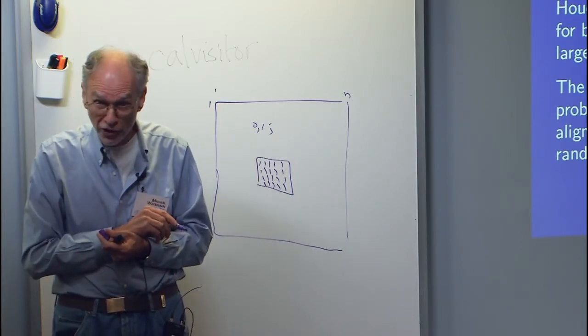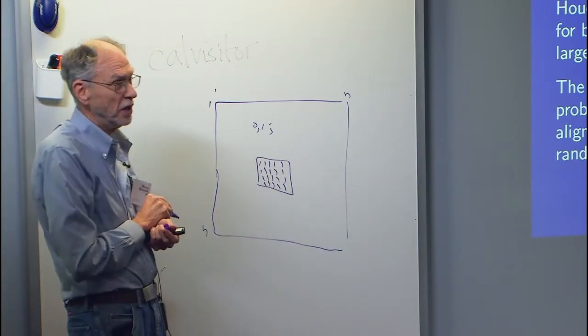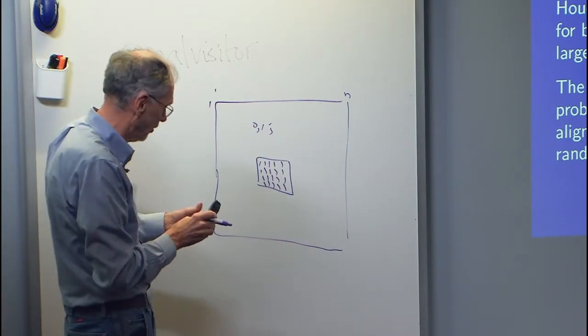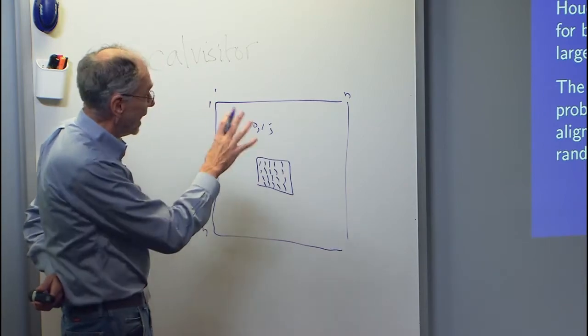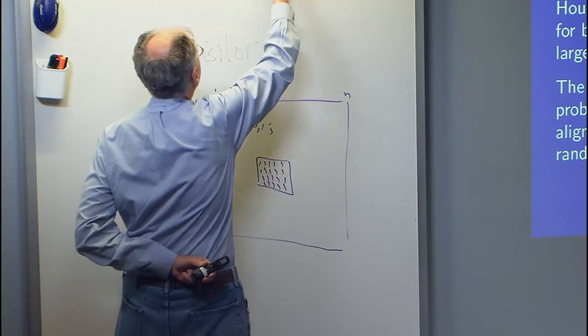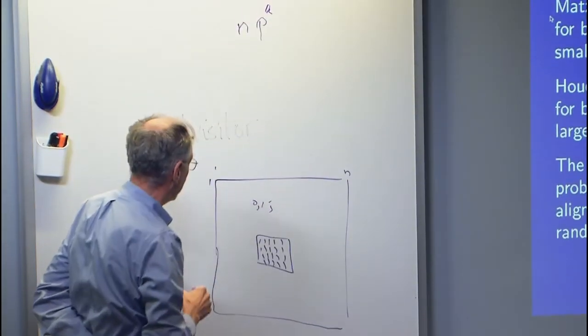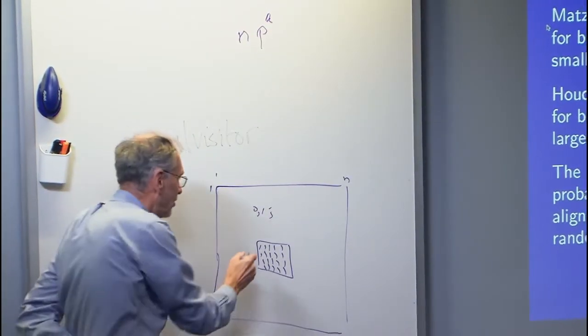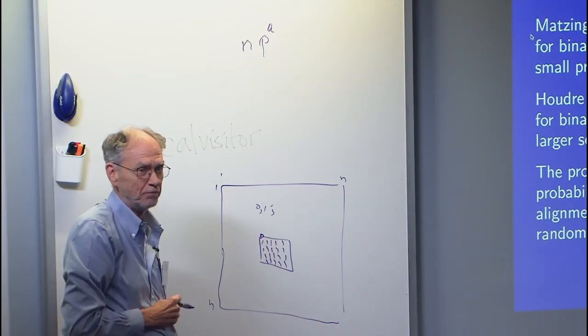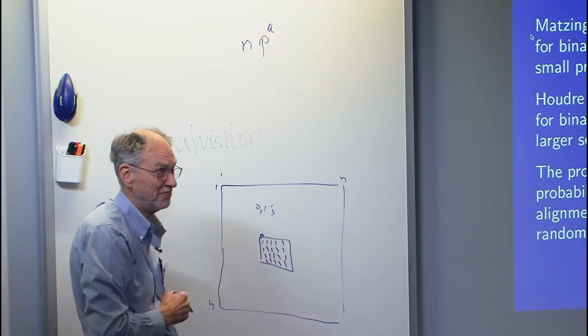So how would you do that? What's the analog? I keep pushing this, I apologize. What's the analog of n times p? We had before n p to the k. That was essentially what was going on. So how many places can I start my square? At n squared. N squared.